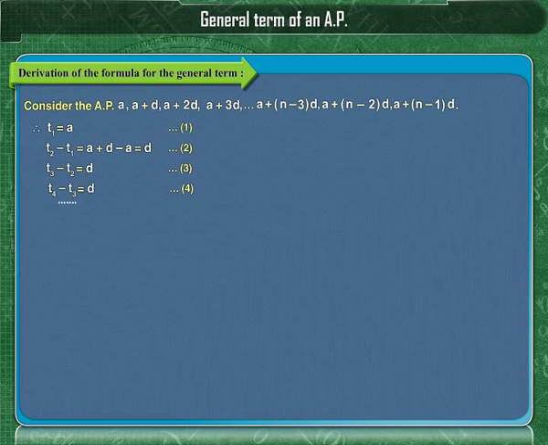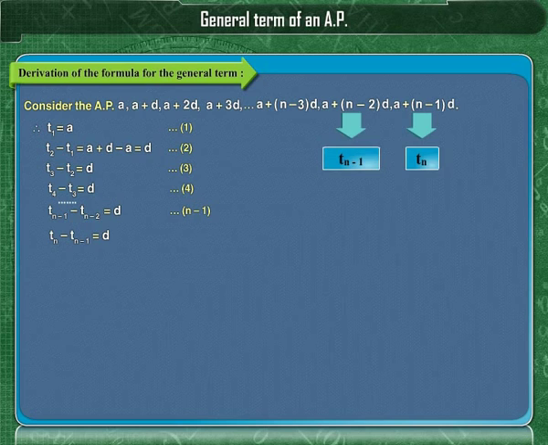What is T(n minus 1) minus T(n minus 2)? It is equal to d. What is Tn minus T(n minus 1)? Tn minus T(n minus 1) is also d.